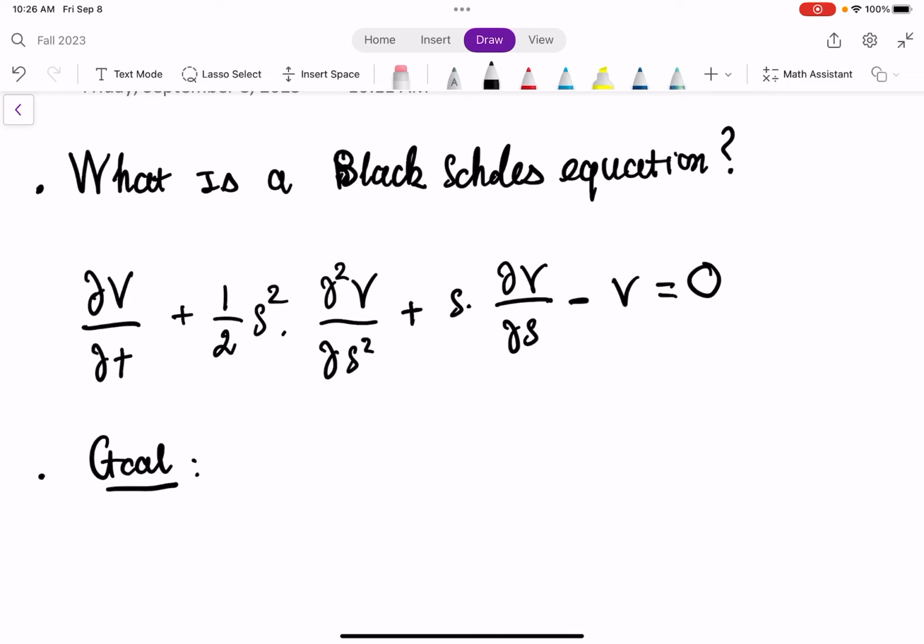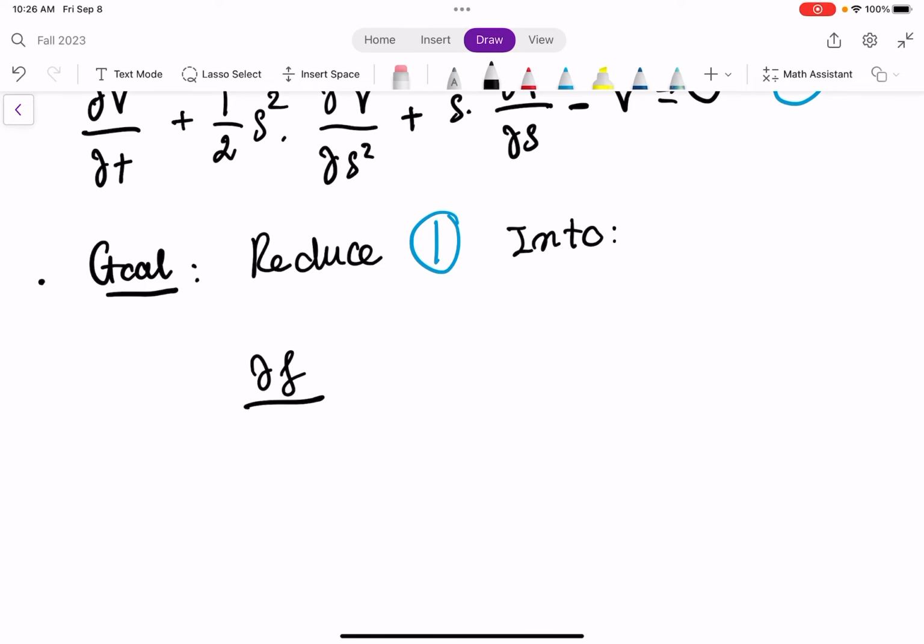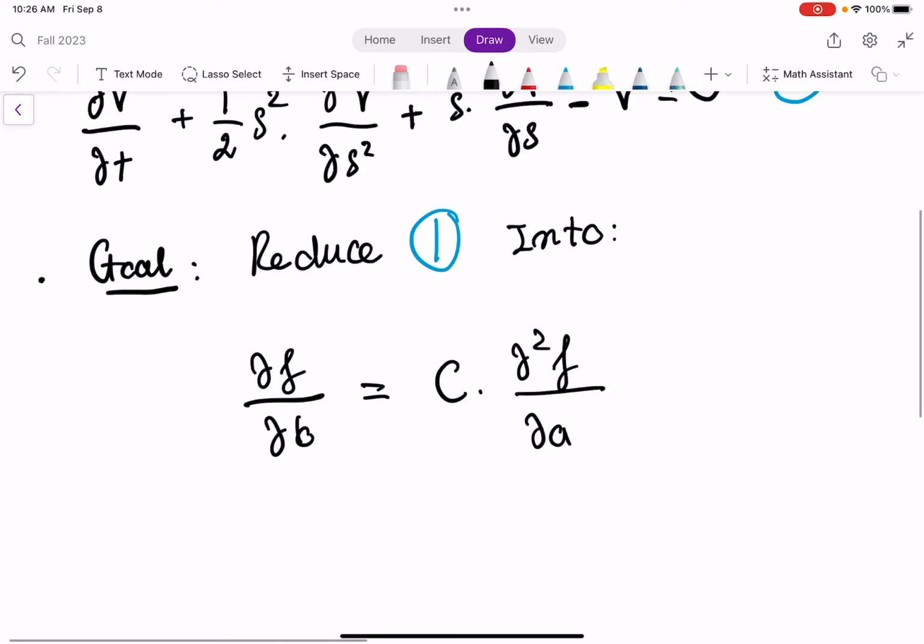Okay, so my goal right here is to reduce this, let's call this 1, into partial f over partial b equal a constant c times the second partial derivative of f with respect to a squared.